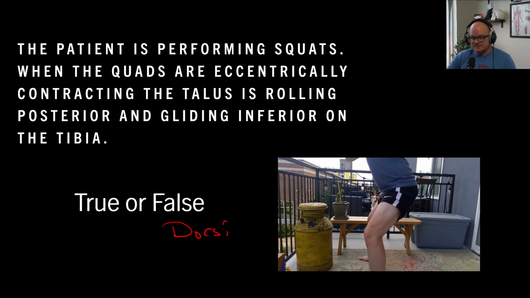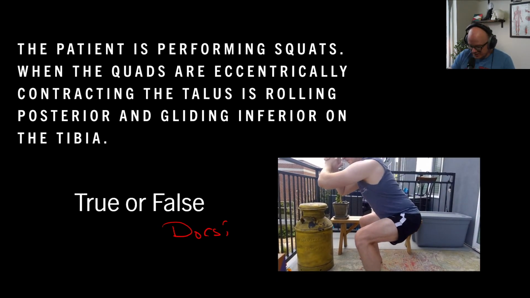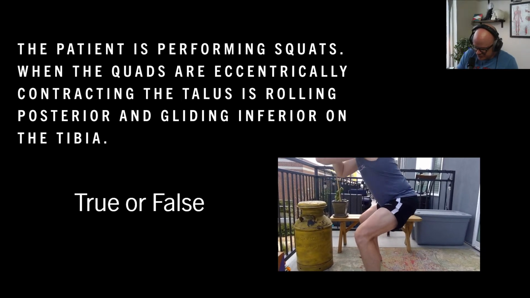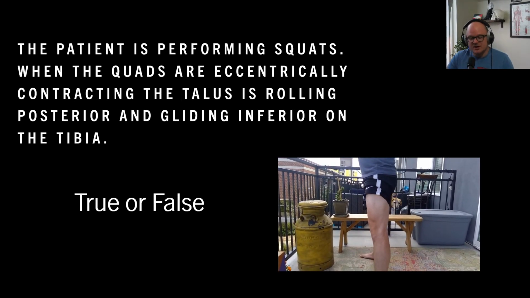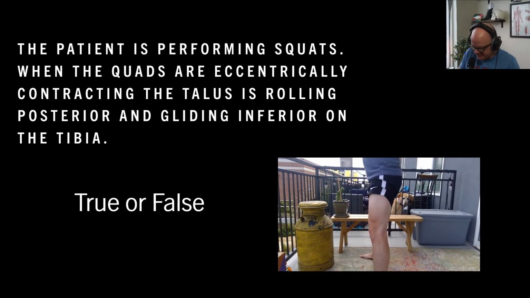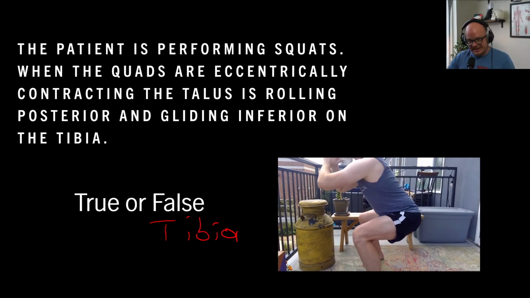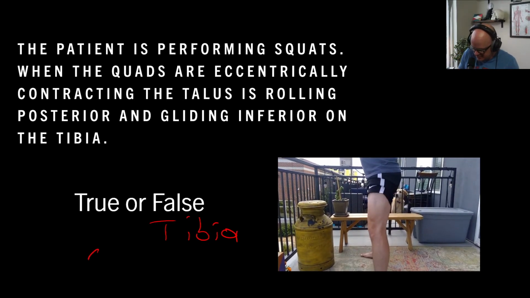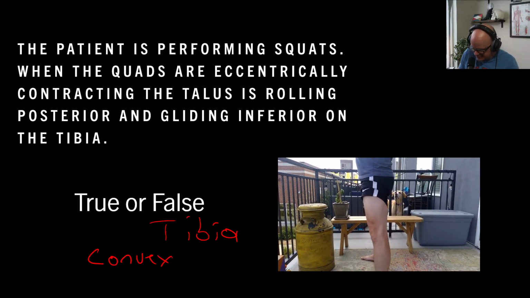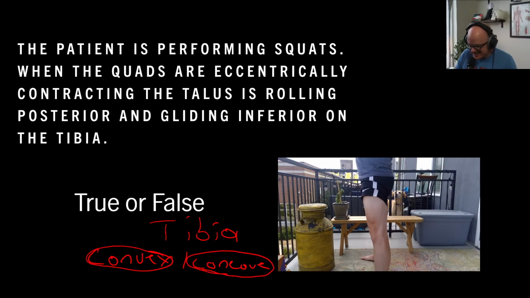Now, this is closed chain, so closed chain dorsiflexion, what bone's moving? The proximal bone. The proximal bone is the tibia. Now, is the tibia convex or concave? The answer is concave, moving on the convex talus.